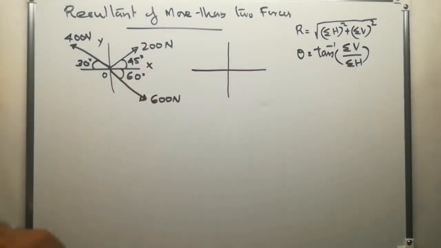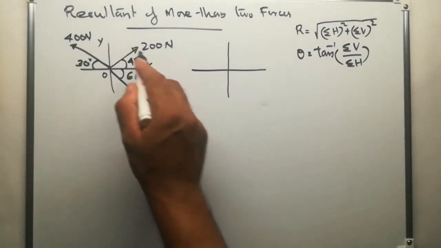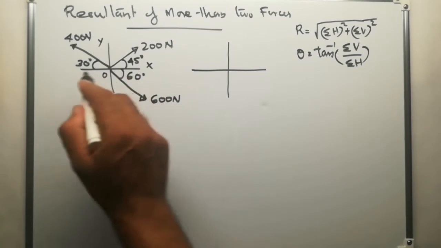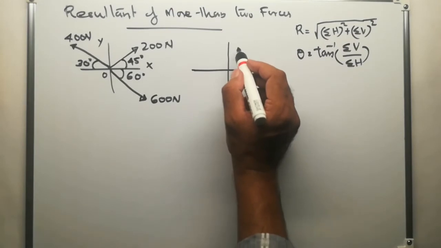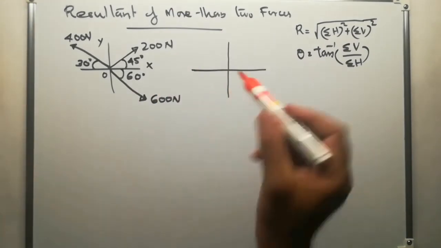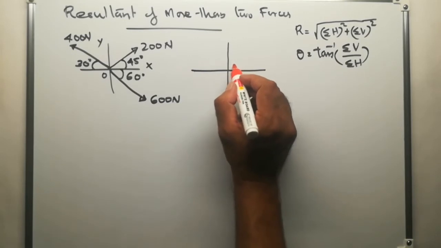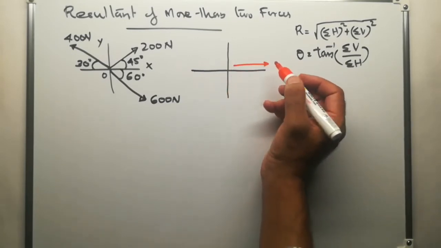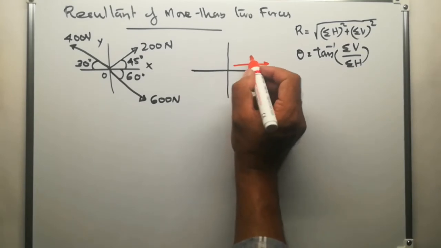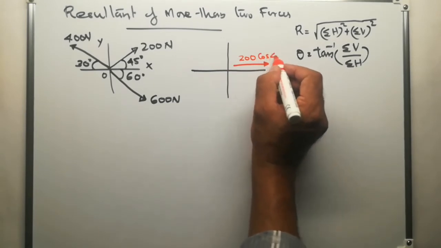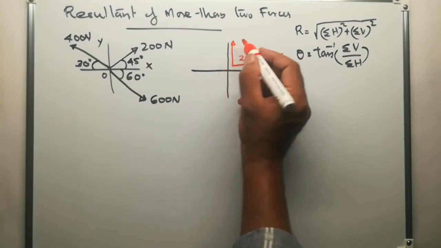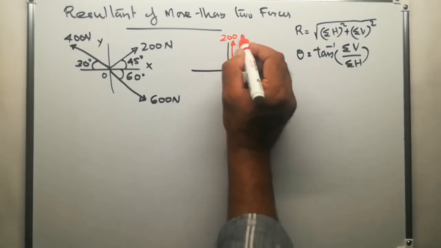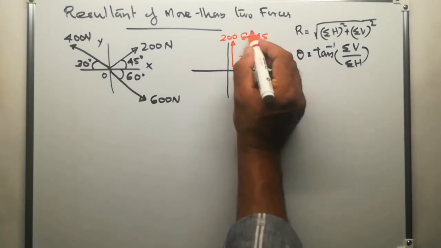So for the 200 Newton force, which is acting at 45 degrees from the positive x-axis, we have these components. The horizontal component will be like this and the magnitude will be 200 cos 45 and the vertical component will be like this and it will be 200 sin 45.